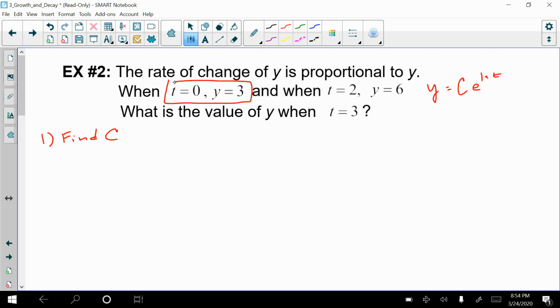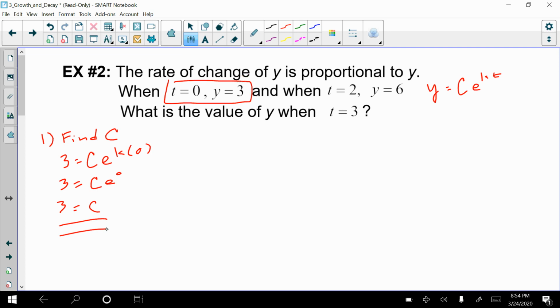Let's substitute 3 for y, which is equal to c times e to the k, and we don't know what k is, but we'll put k there, times t, which in this case is 0, so we substitute 0. What you're going to see very easily is that k times 0, it doesn't matter what k is, is just going to give you e to the 0 power. And anything to the 0 power is 1, so c is 3.